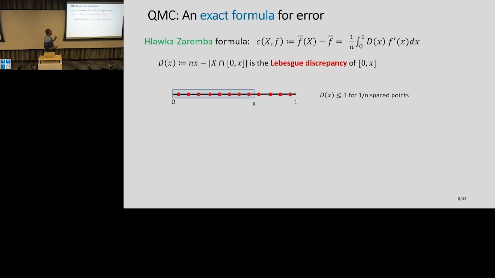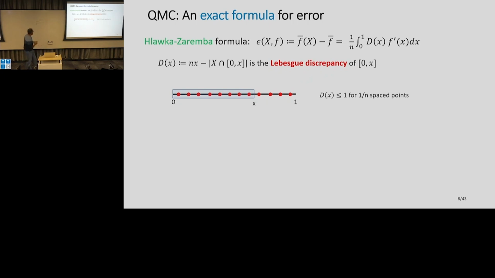And the starting point of this is this very exact formula for the error. So let's just look at the one-dimensional case where we'll draw a picture. We'll always assume that our domain is 0 to 1, and you are integrating maybe some function.